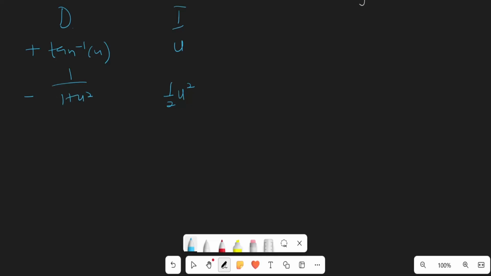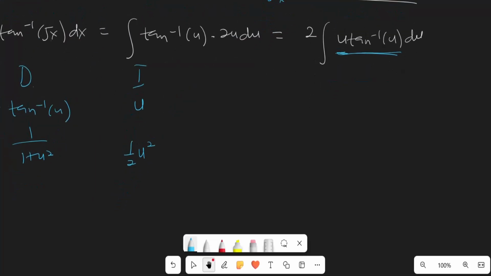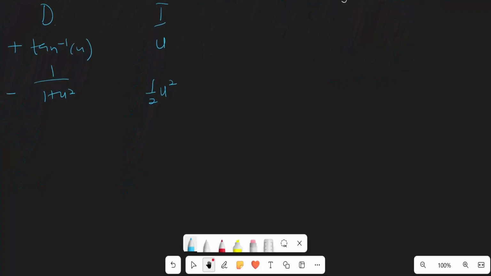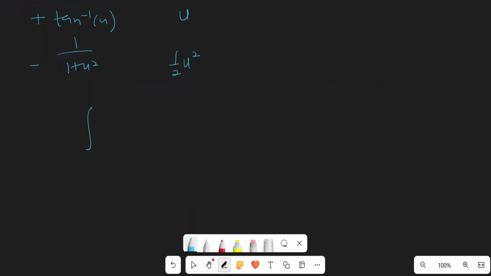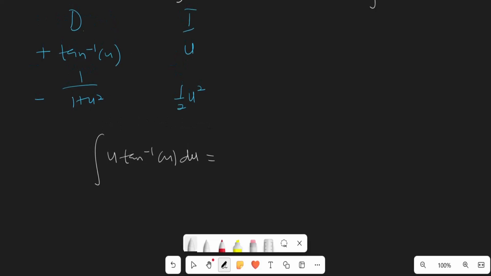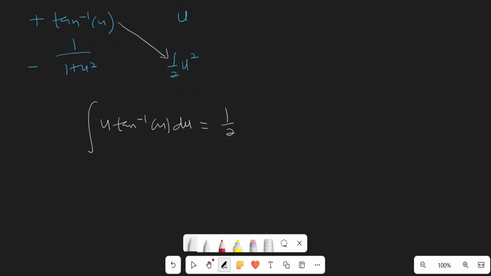So with this, we can now evaluate our integral, the integral of u times tan inverse of u du. First you multiply the diagonal term, and that is going to be 1/2 u squared times tan inverse of u.